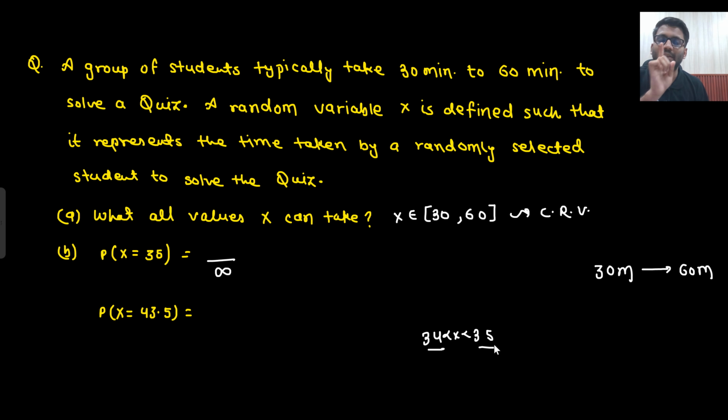But if you are asking me the probability at a single point, which is like from infinity points you are choosing one point, isn't it? That means probability at a point would be 0. You are asking me a single point. From infinity points you are asking me to choose one point. Probability will be 0. So in case of a continuous random variable, probability at a point is always 0.